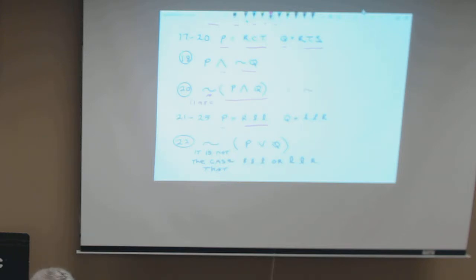Robin cannot type, or Robin cannot take shorthand. You understand why it's or when I take the parentheses away and distribute the not the case thing? If it's not the case that Robin can type and take shorthand, then that means either she can't type or she can't take shorthand, but it doesn't necessarily mean she can't do both.